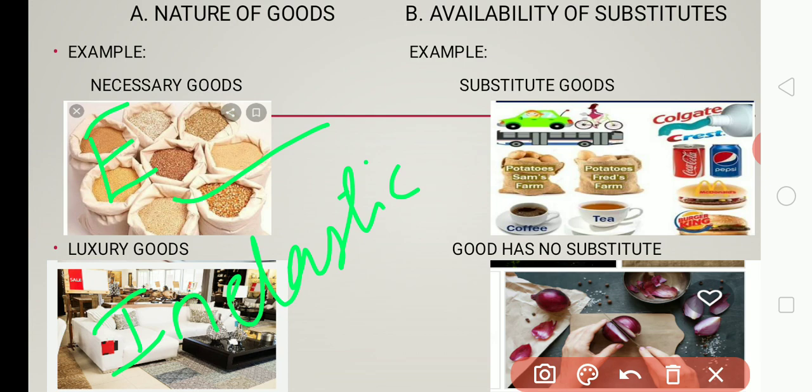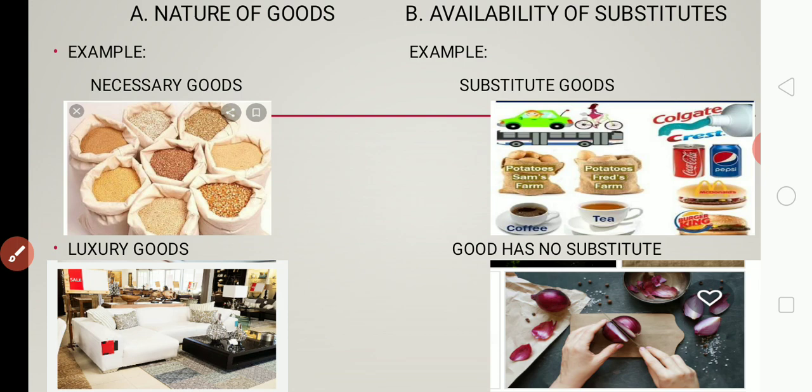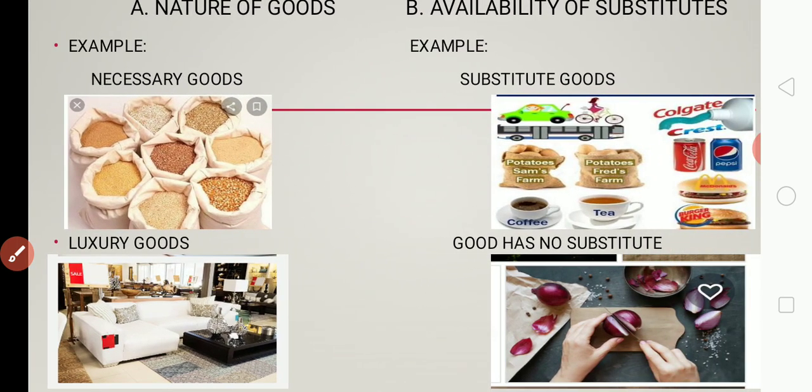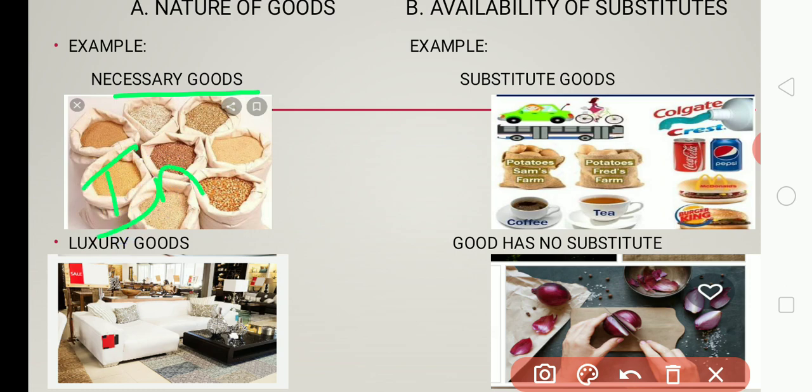Whatever the price changes for the necessary goods, the demand will be the same. Even if the price increases more or decreases more, the demand will be the same, because it is necessary for life, it is essential for life.